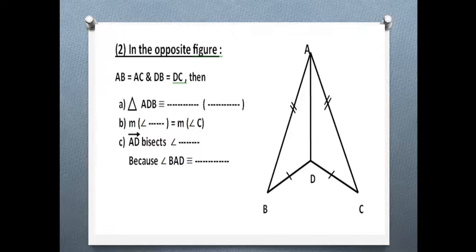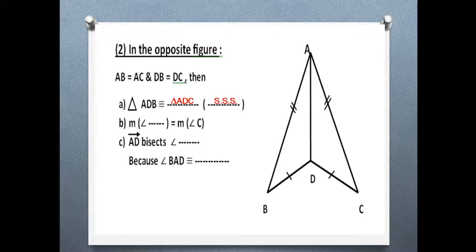Where is the third element? Can you find the third element? Yes, we have a common side. AD is a common side. So triangle ABD is congruent to triangle ADC, and the case is SSS, three sides.